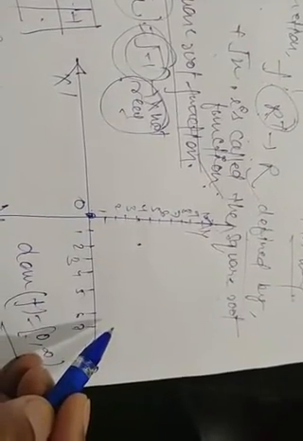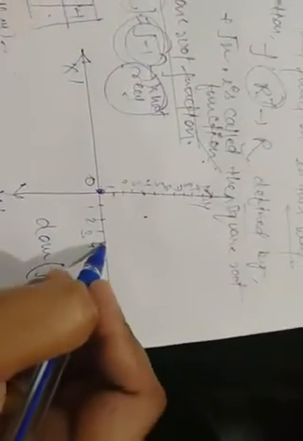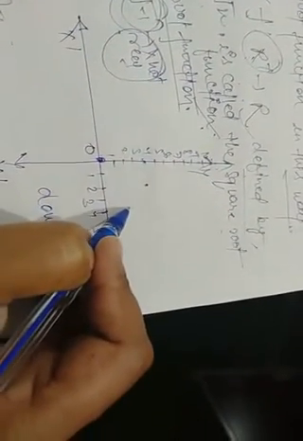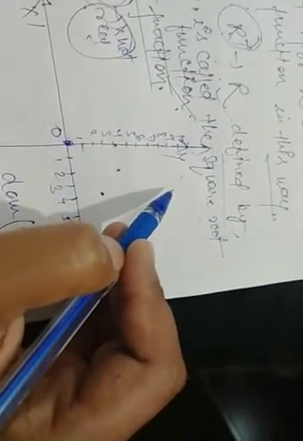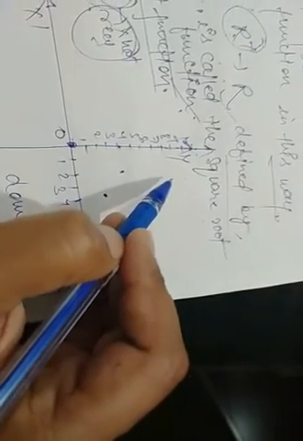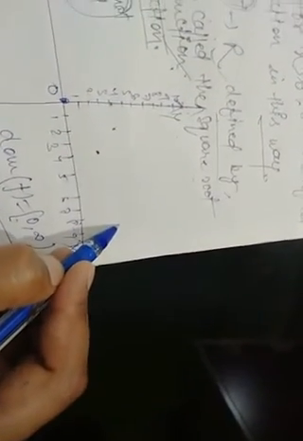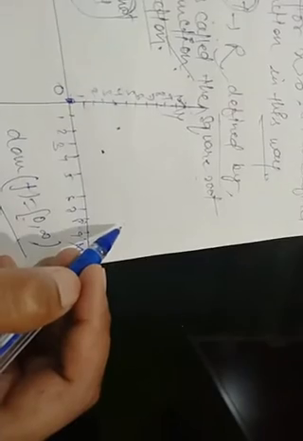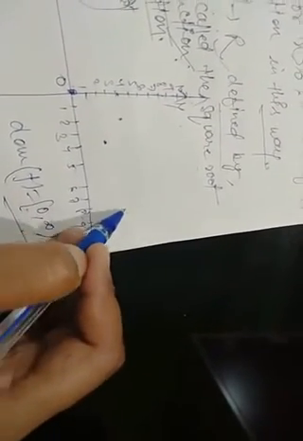Then 9 and 3, sorry, (4, 2) and (9, 3). In that point now we plot that point here. Now (9, 3), 9 and 3. Here.